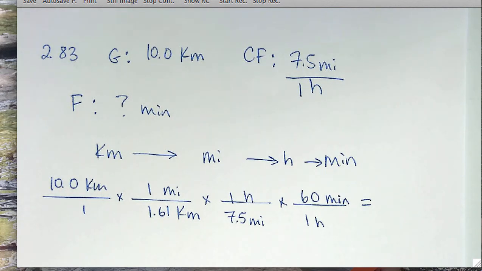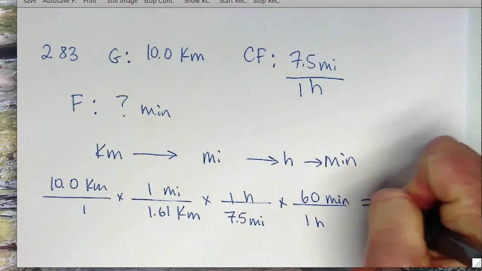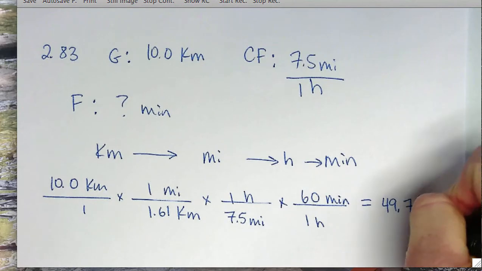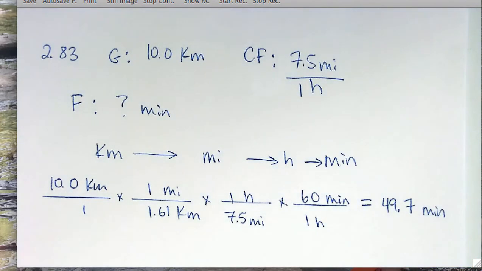Can I borrow? Yes. So we have 3 significant figures, right? Yes. So what did you get? 49.7. 49.7 minutes. Very good. Wow, that sounds easier than what I was trying to do.